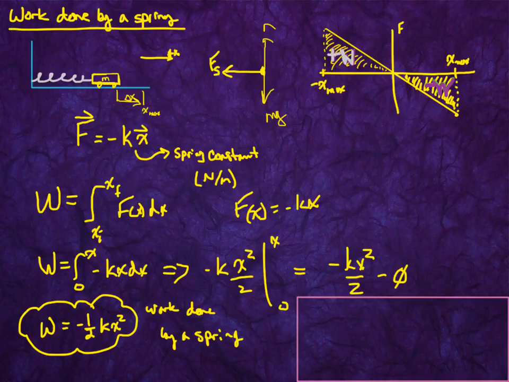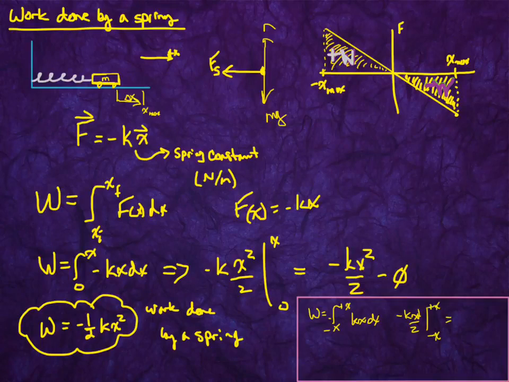If we take this integral from negative x max to positive x max of our negative kx dx, then we get negative kx squared over 2 from negative x max to positive x max.